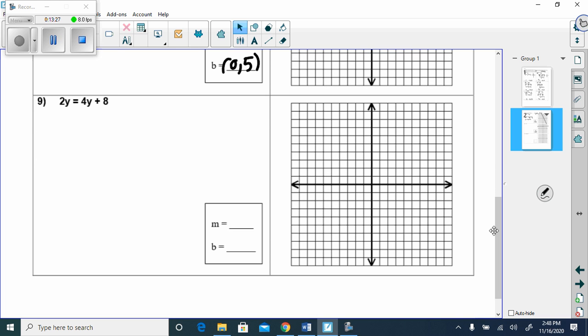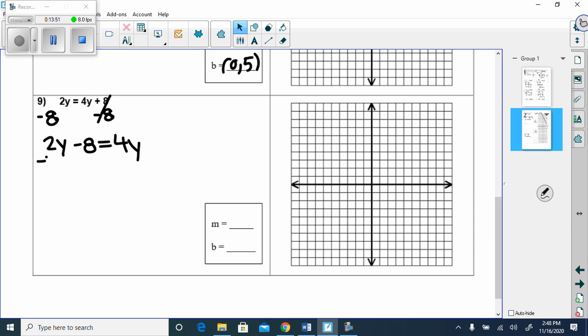Okay, last one. I need to get y by itself. So what should we move? Subtract 8? Okay. We can do that. So that's going to go away. Then I'm going to have 2y minus 8 equals 4y. Now what?